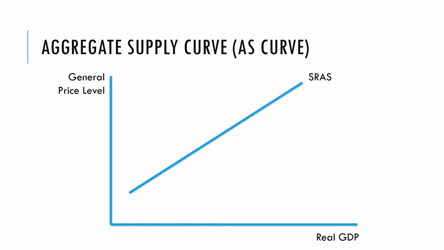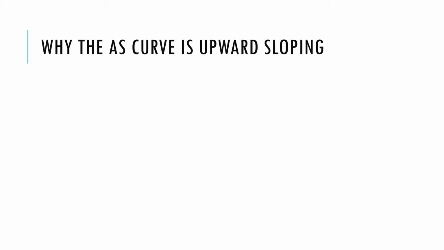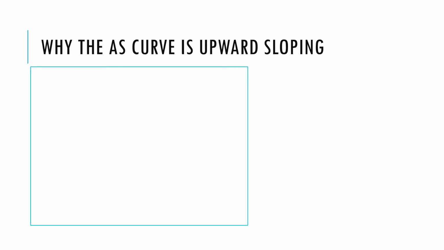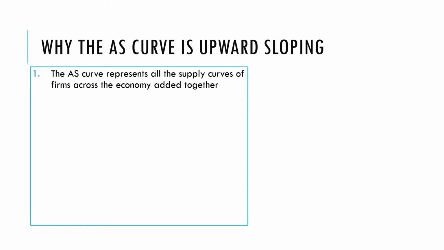And what, I hear you cry, are the reasons for this? Well, why is the AS curve upward sloping? Well, there are three main reasons. The first one is that the AS curve represents all the supply curves of firms across the economy added together. So we take the supply curve of all the firms in the petrol industry, and we add it to the supply curve of all the firms in the food industry, and we add it to the supply curve of all the firms in the sportswear industry.